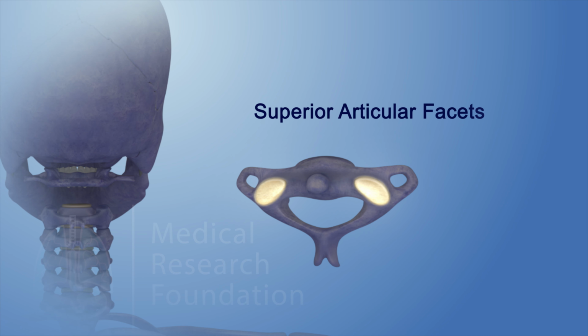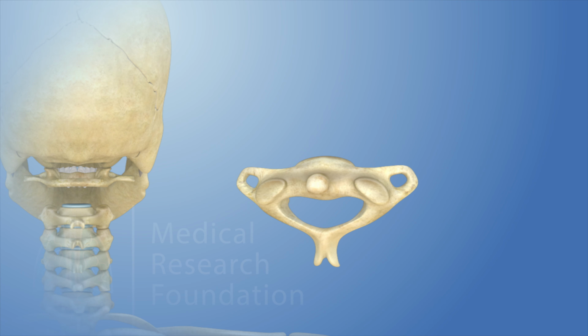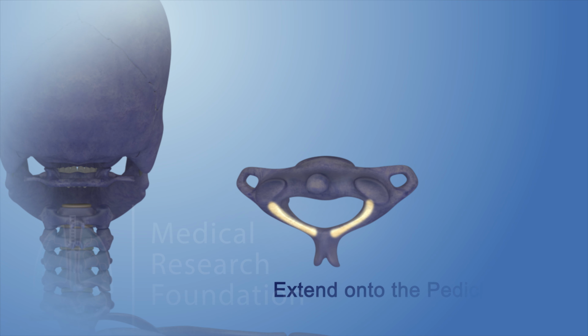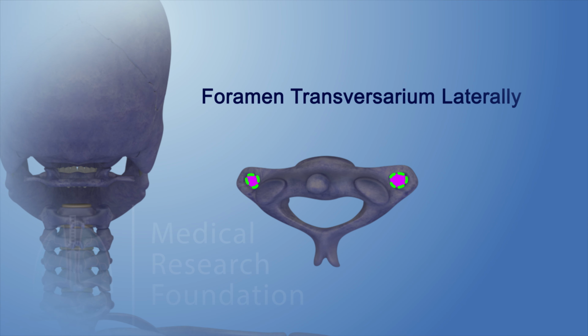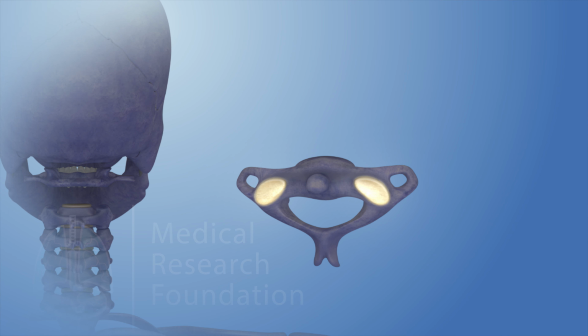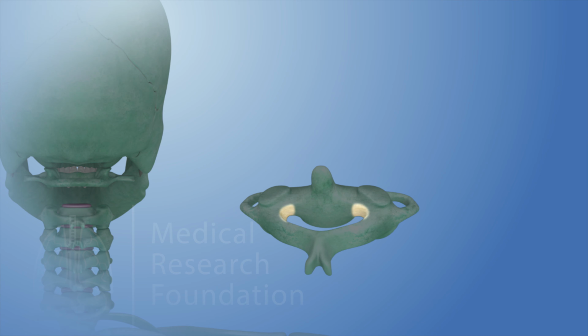The superior articular facets on the upper surface of the body extend onto the pedicles. The massive pedicle overhangs the foramen transversarium laterally. The superior articular facet is large, flat, and circular. They are weight-bearing and encroach on the side of the body.